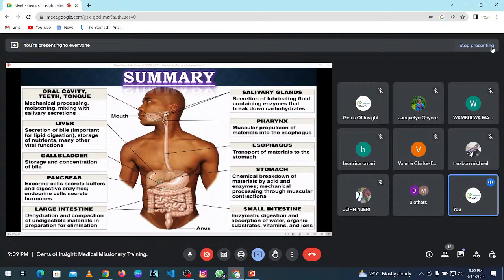I want us to go research about gluten and how it affects negatively the health of our gastrointestinal system. Gluten is a component in wheat.